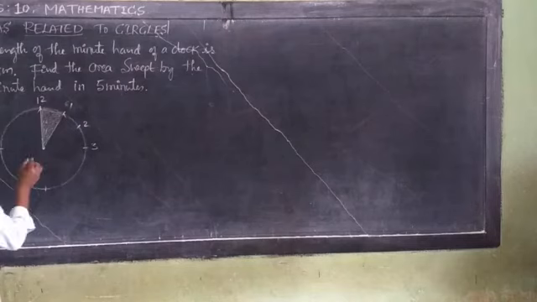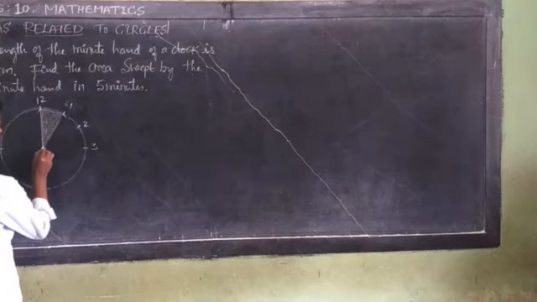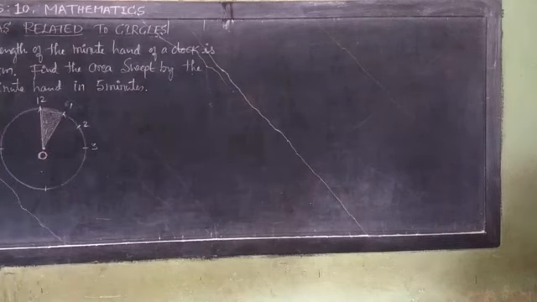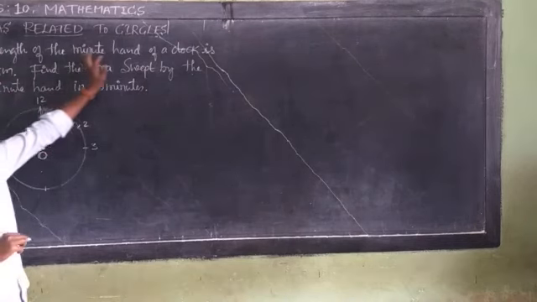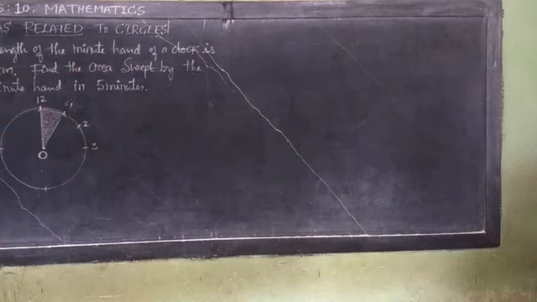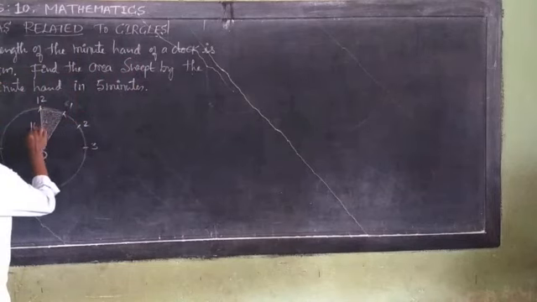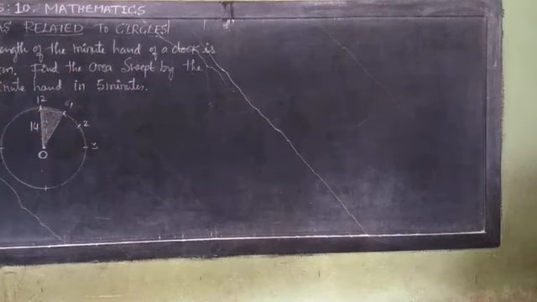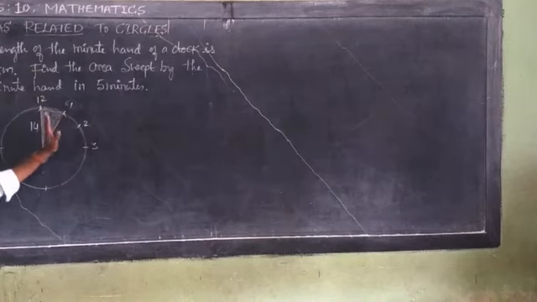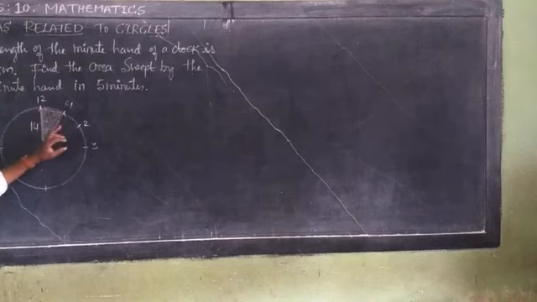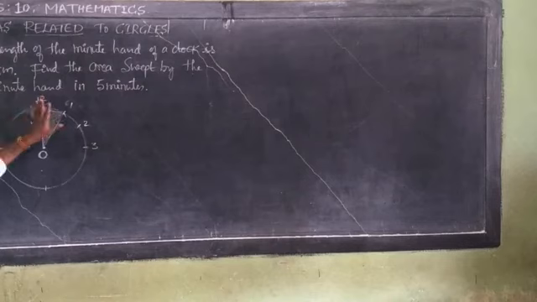Here we have to consider the center of the clock as the center of the circle. The given length of the minute hand means the radius, that is 14 centimeter. The minute hand sweeps this much area in 5 minutes.